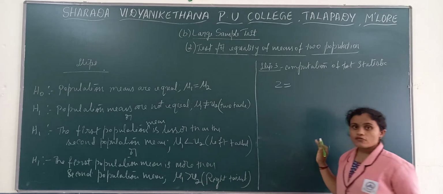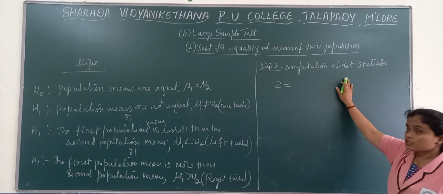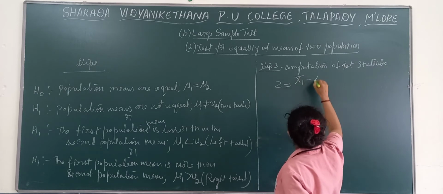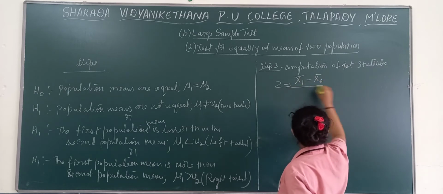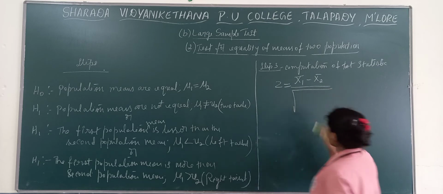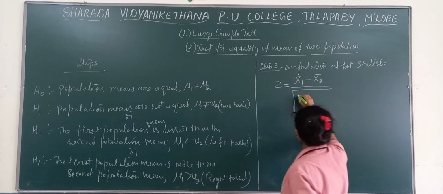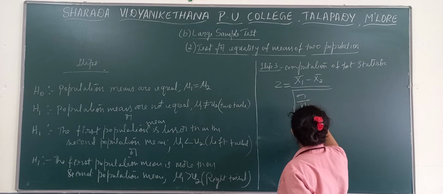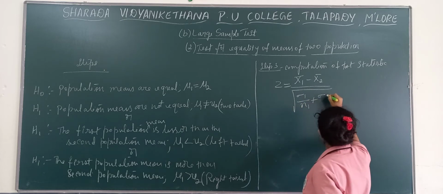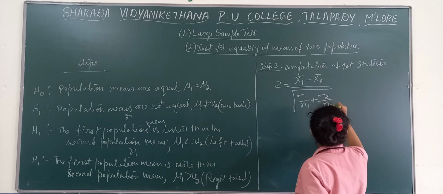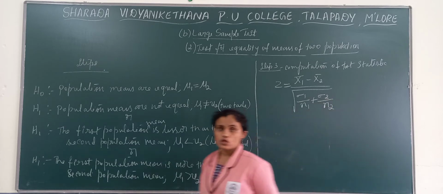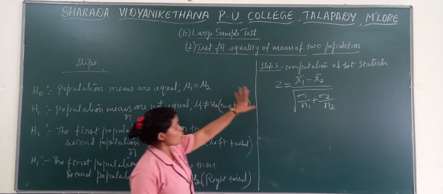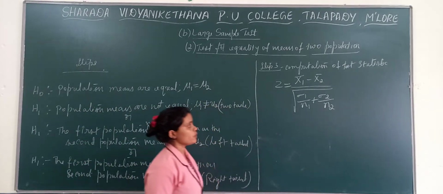So what is the formula to compute the test statistic? Here it is x bar 1 minus x bar 2 divided by the root of population standard deviation 1 squared divided by n1 plus population standard deviation 2 squared divided by n2. So this is the formula to compute the test for equality of means of two populations.